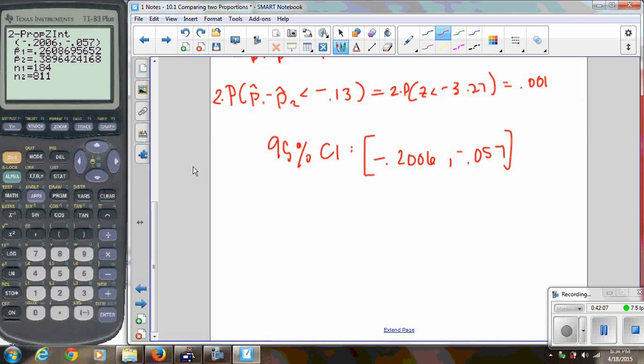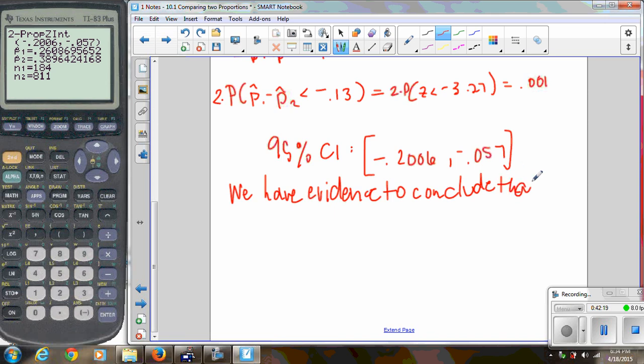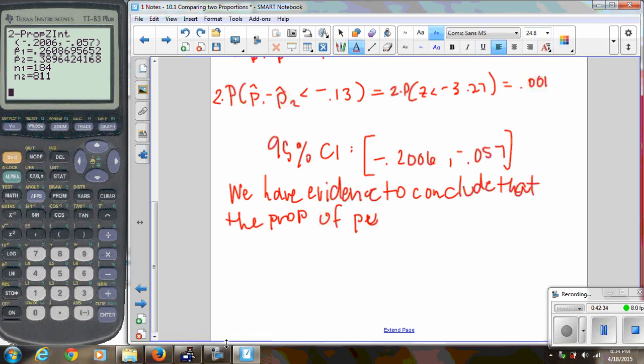And let me actually put that down. So we have evidence to conclude that the proportion of people, my handwriting's, you know what, let me just type this. That'll be easier.